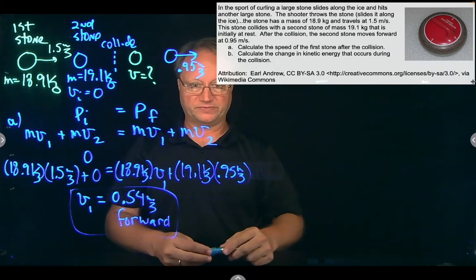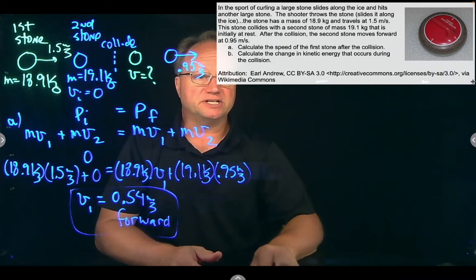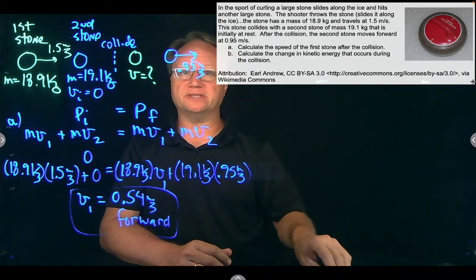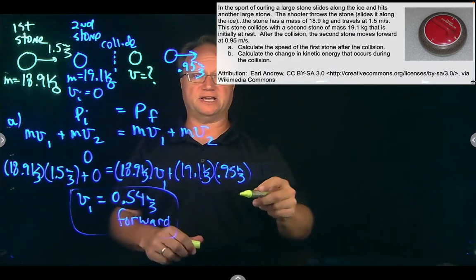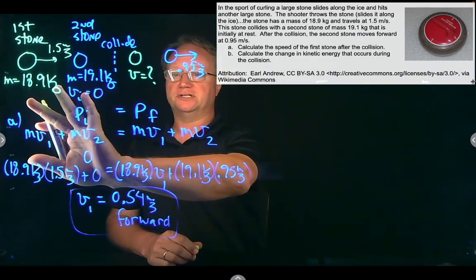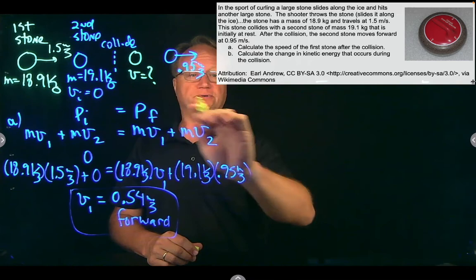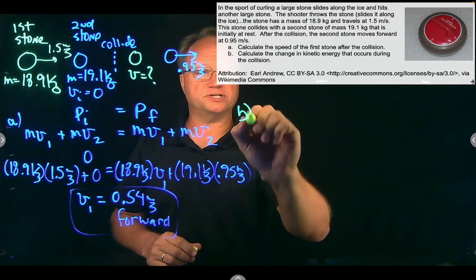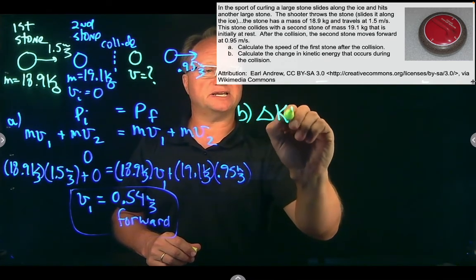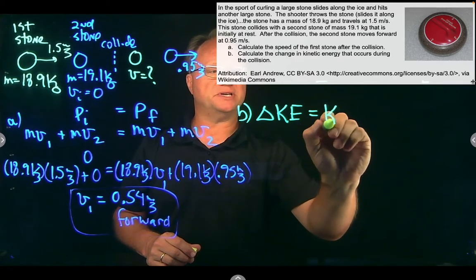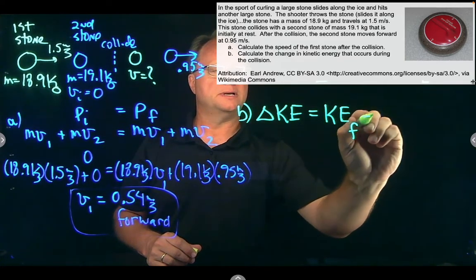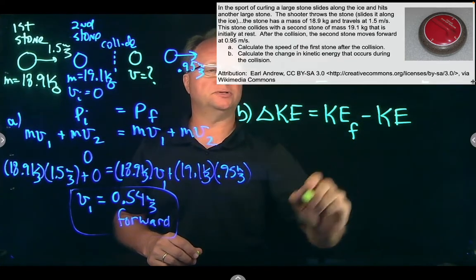Part B. Calculate the change in kinetic energy that occurs during the collision. So before the collision and after the collision, we want to compare the kinetic energies. So the change in kinetic energy would be final minus initial.